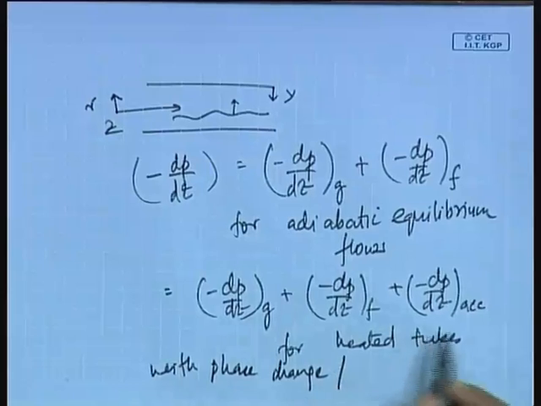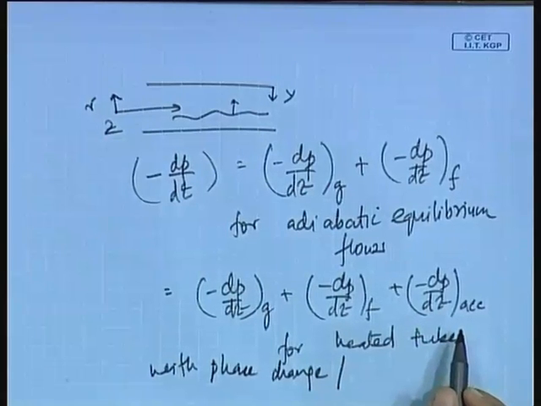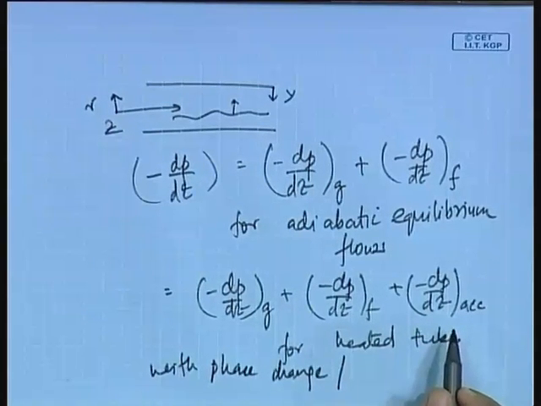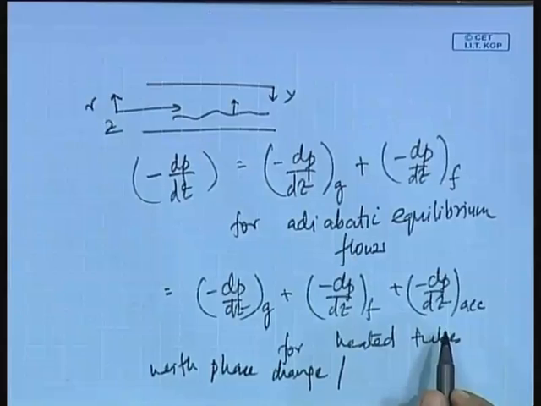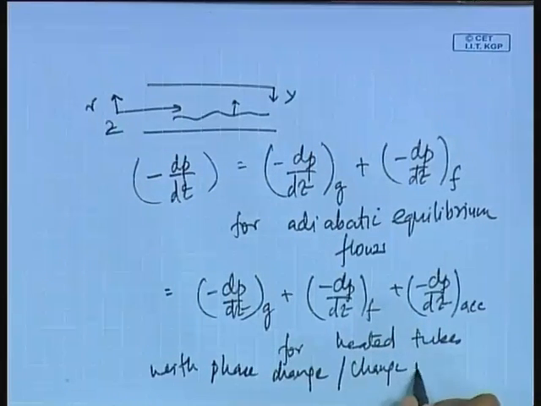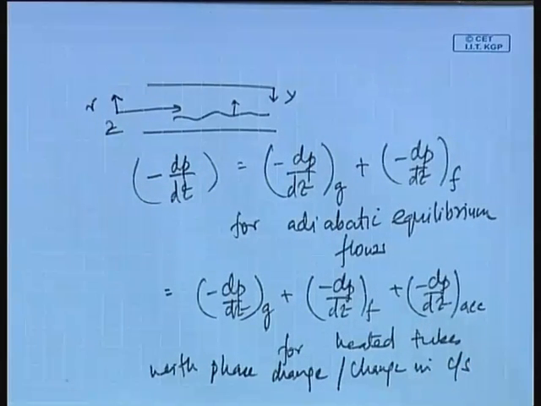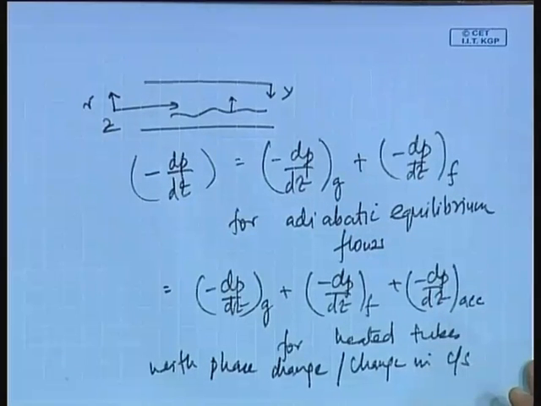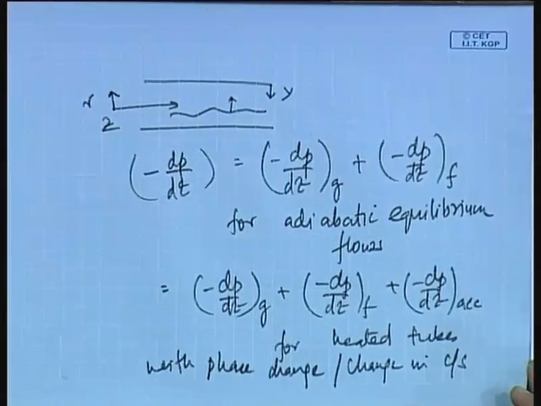Or we can also have this acceleration pressure gradient when there is any way to accelerate the flow. We can accelerate the flow by change of phase, definitely. There is one other way to accelerate the flow, change in cross sectional area. So we can have this acceleration pressure gradient for heated tubes, or for expansions, contractions, etc.